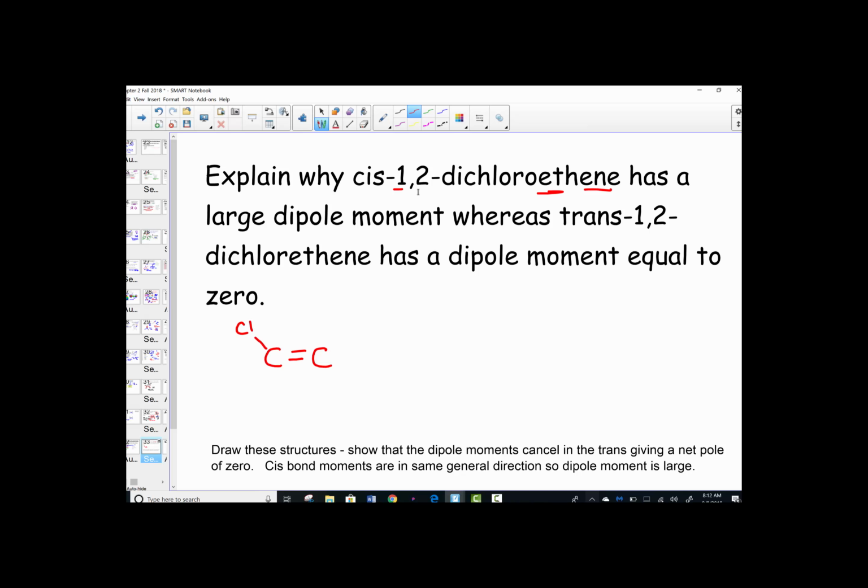On carbon number 2, there's a chloro. And I wrote them in the same direction because I saw the word cis. There's cis-1,2-dichloroethene. It has a very large dipole moment. That's telling me that it's very polar. Everything just erased.